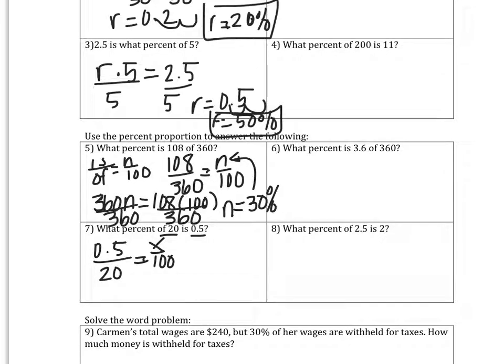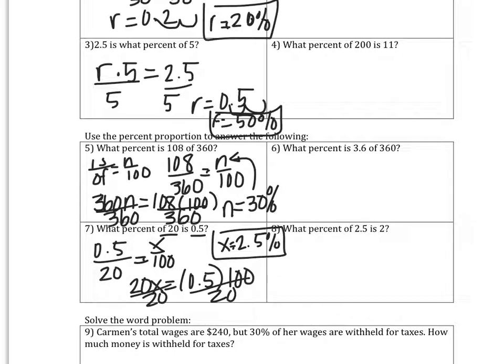Cross multiply, 20x equals 5/10 times 100. Divide both sides by 20, and we get x equals 2.5 over 100, so it's 2.5%.